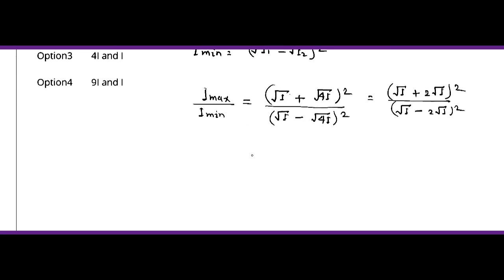That equals root I plus 2 root I, which is 3 root I, whole square, divided by root I minus 2 root I, which is minus root I whole square, and this equals 9I divided by I. Therefore the maximum and minimum intensities in the resulting pattern will be in the ratio 9I to I.